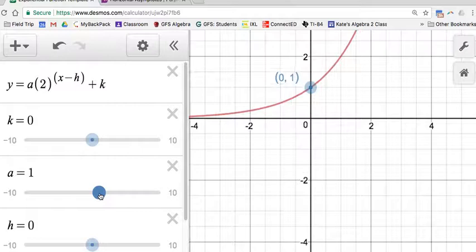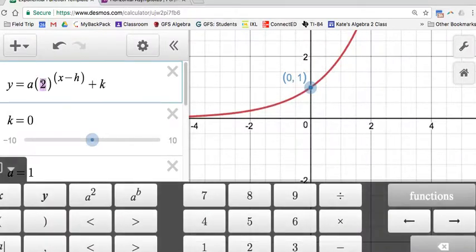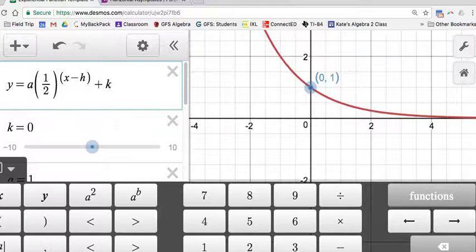Okay. You might want to play around with some other values as you look. So let's put this a back to 1, and I want to take a look at what happens when I change the base in a couple of ways. So notice I just changed the base from 2, a whole number, to a fraction. So I know that this is an exponential decay value.